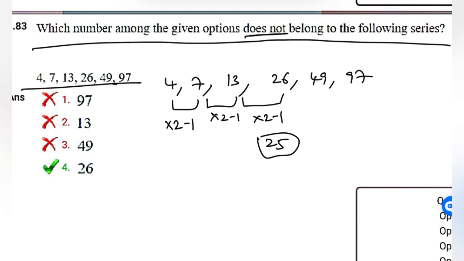If we take 25 here, then 25 into 2 minus 1 follows, and 49 into 2 minus 1 is 97. So obviously 26 is wrong. In the place of 26, 25 will come.